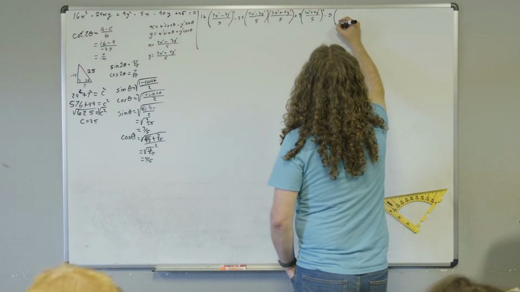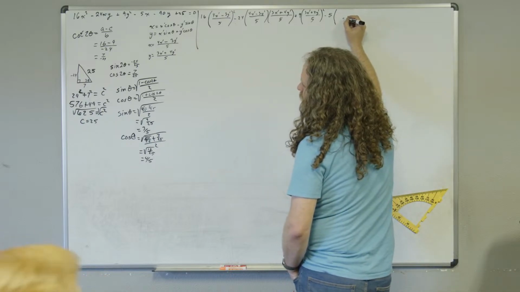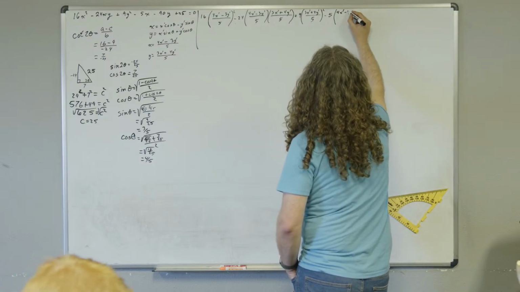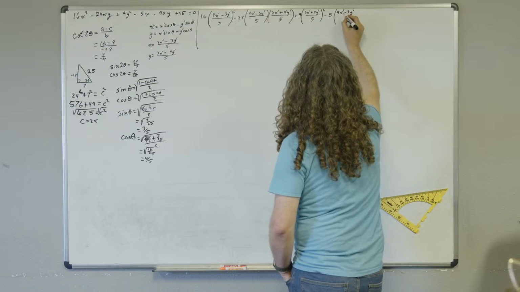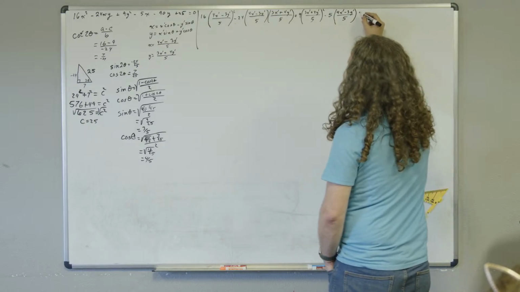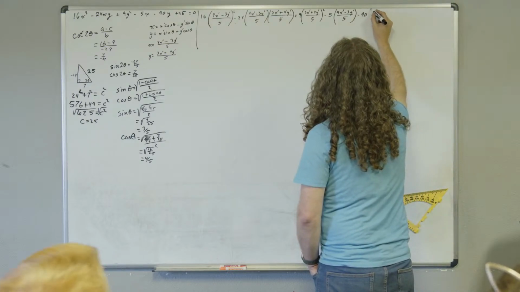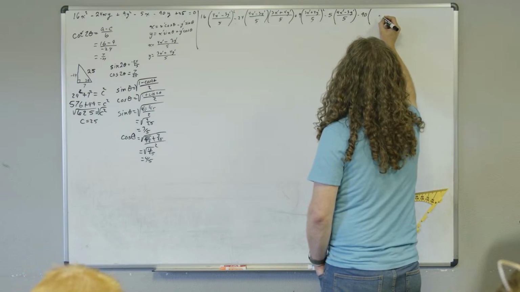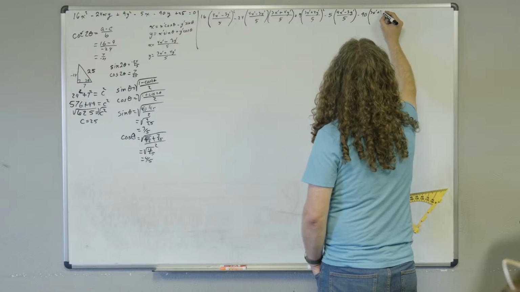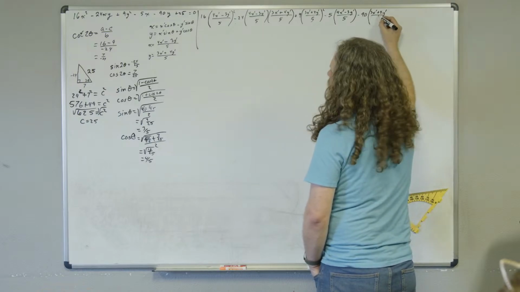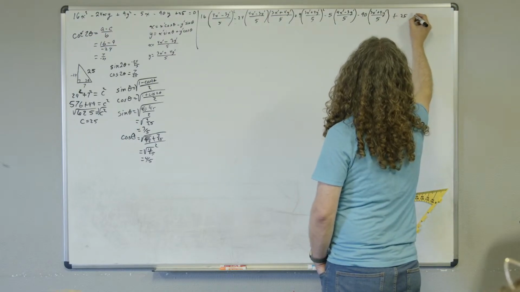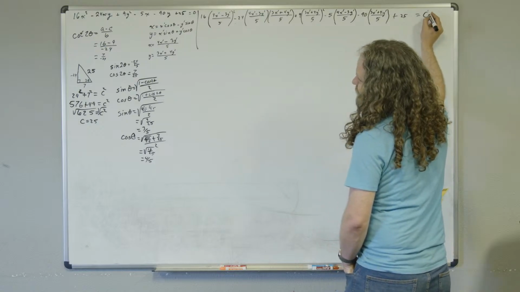Okay. 4x prime minus 3y prime over 5, minus 90 times, I'm out of space, 3x prime plus 4y prime over 5, plus 25. That's hard. Equals 0.